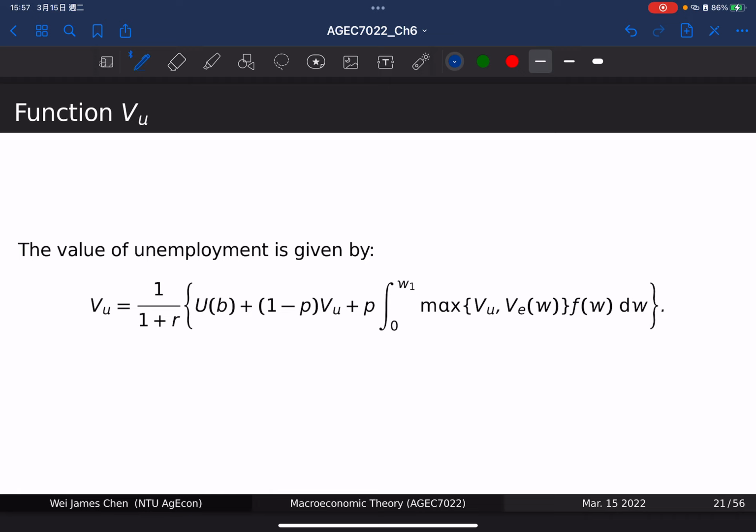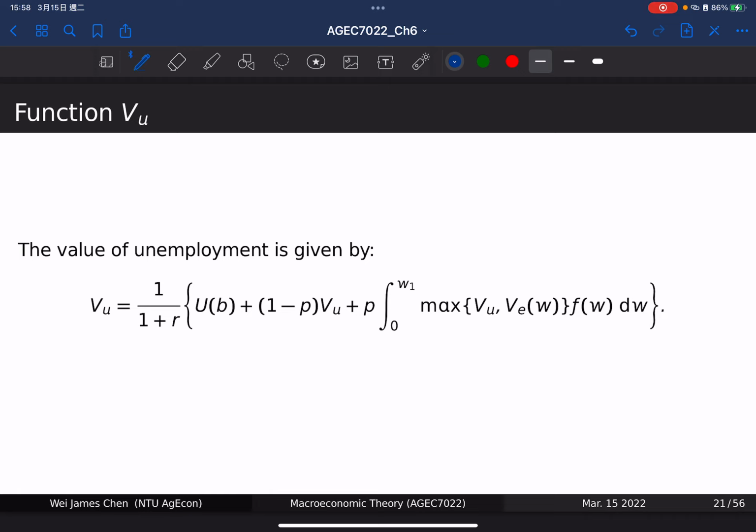Now we turn to the VU. I have already calculated the VU for you, but now let's look at the VU from another perspective, going back to the definition of VU. Based on the definition of VU, what is VU?